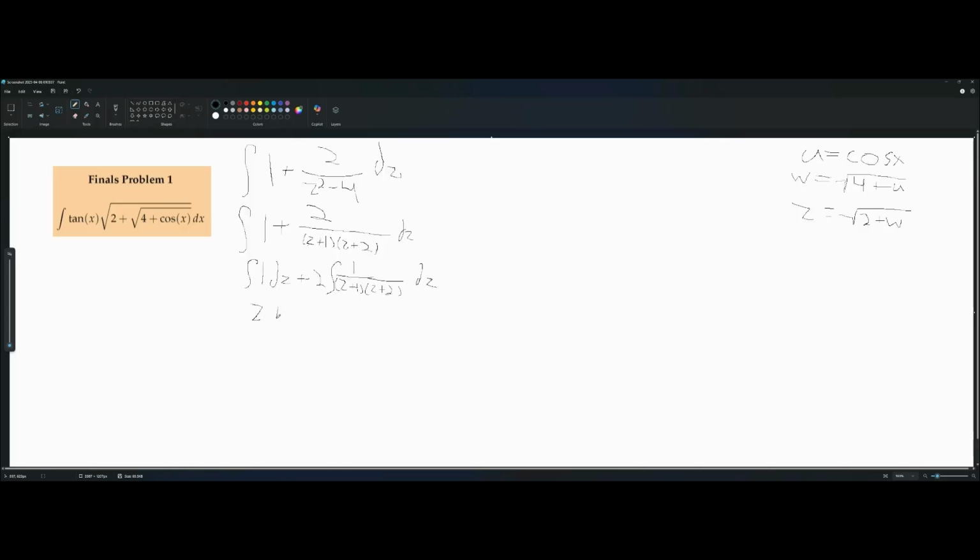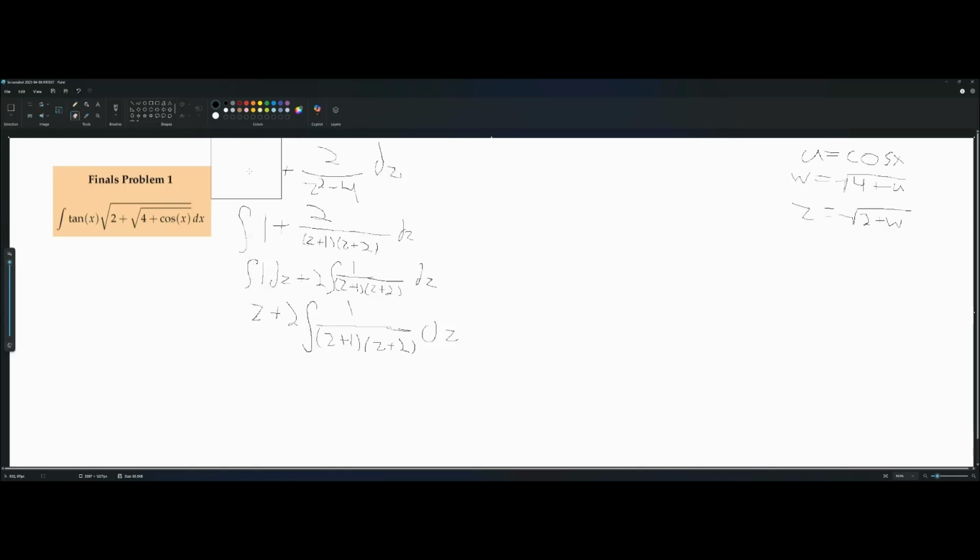So we just have z plus 2 times the integral of 1 over z plus 1, z plus 2, dz. Oh, my bad. Shouldn't be x. Should be z. Sorry. Okay? Now all we have to do, we are so close. All we have to do is integrate this.